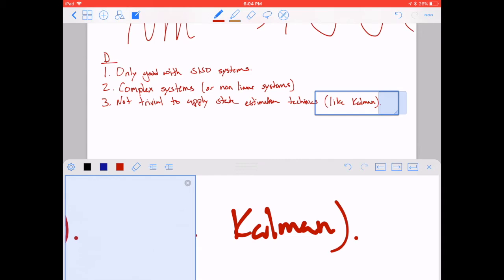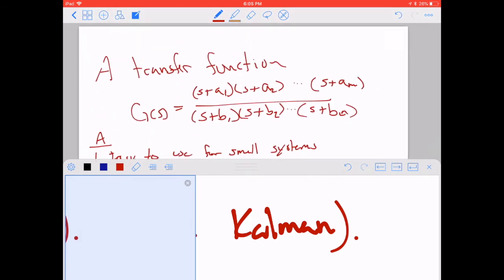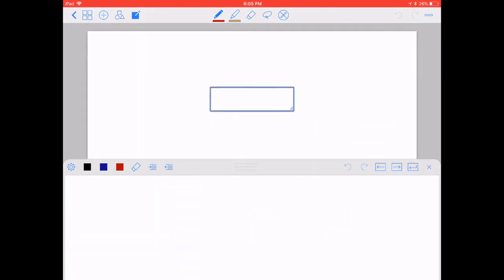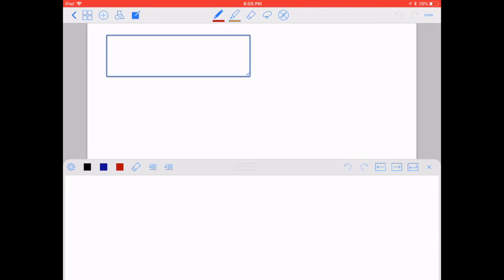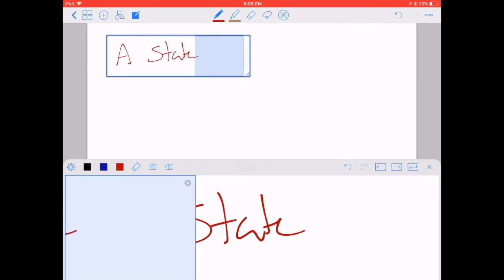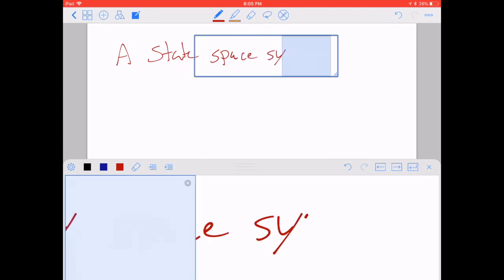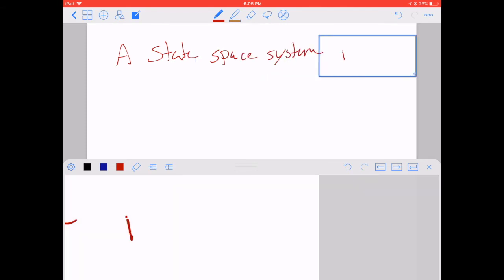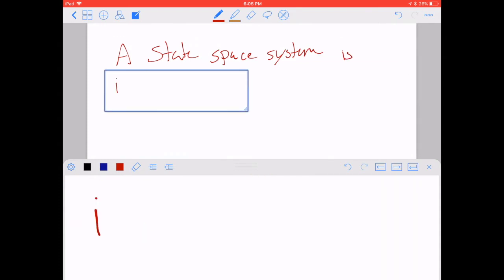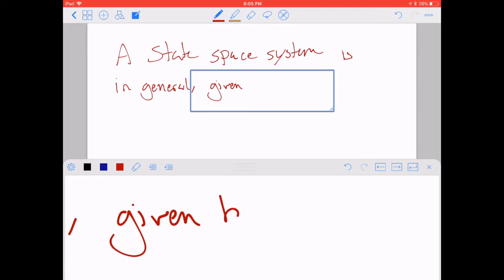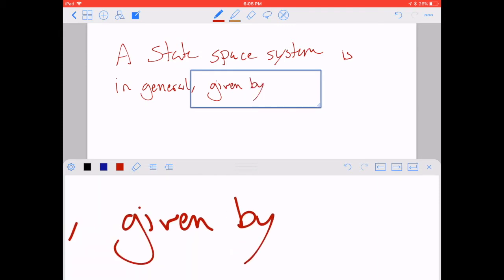All right. On the other hand, for state space, state space is, in general, given by these equations here.